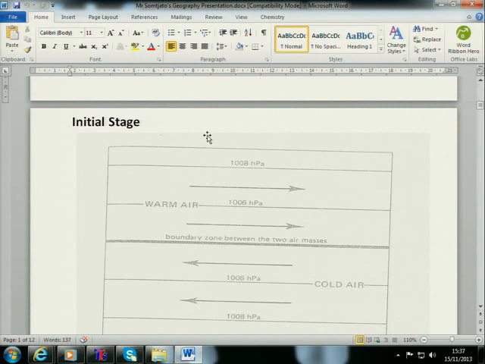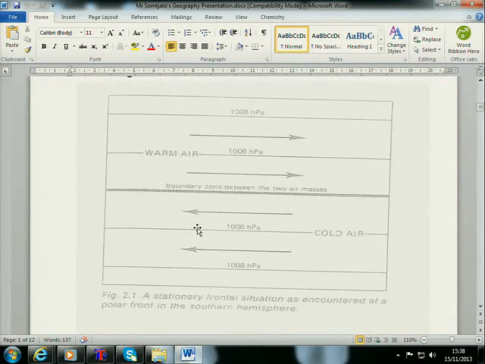Now, we are having 4 stages of the mid-latitude cyclone. The first stage, or the initial stage, is where you see from the diagram before that we are having the warm air moving from the west to the east, which are the westerlies.